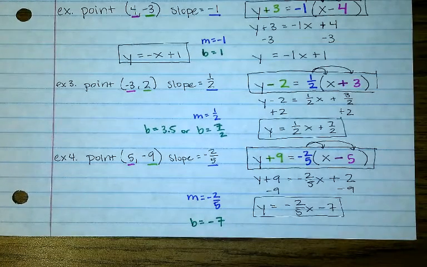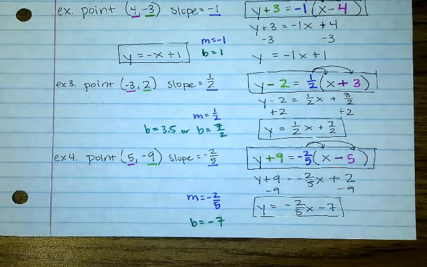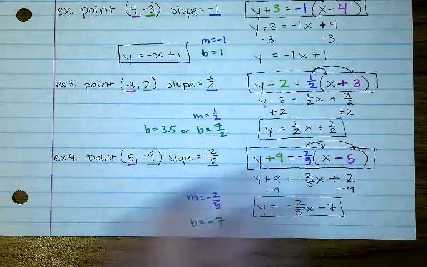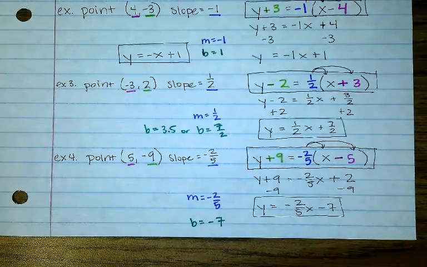Okay. So the last thing that we're going to talk about today is what happens when we need to write an equation in point-slope form, but we are not given the slope.